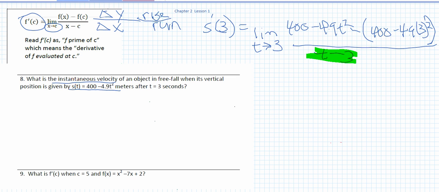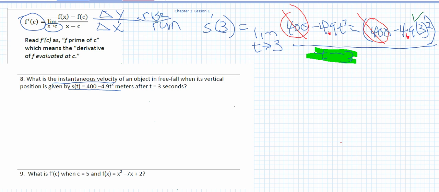The first thing you notice is that you have a 400 here and a 400 here. So if you distribute that subtraction sign, those two quantities are going to cancel out. Then you notice that you have a 4.9 times t squared, and another 4.9, which is going to end up being multiplied by 9. So we have a common factor, and we don't want to multiply that 4.9 by this term right here.